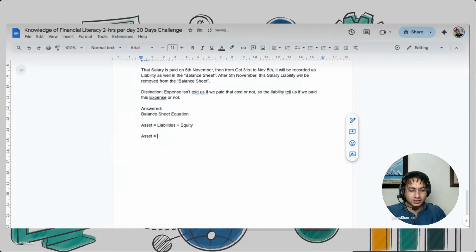Asset means how much value the business contains. The left side of the equation tells us how much total value the business contains.